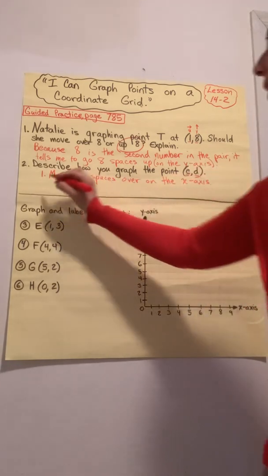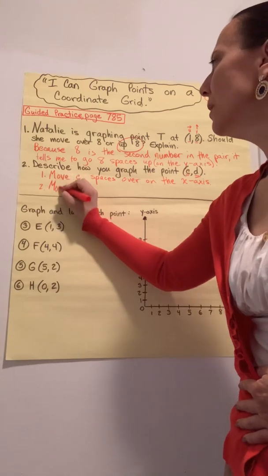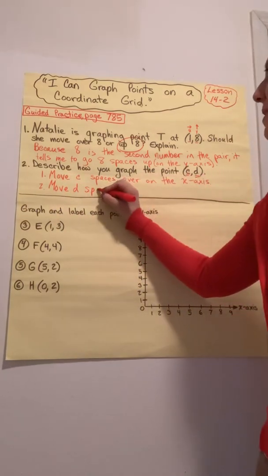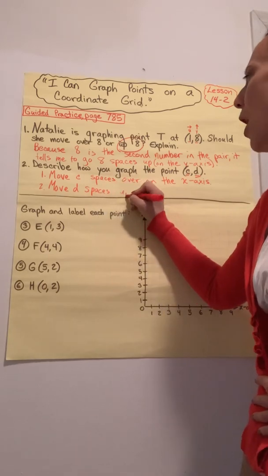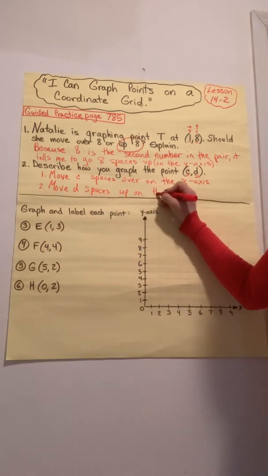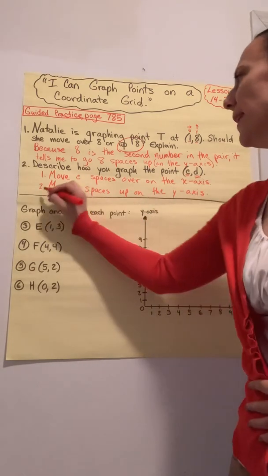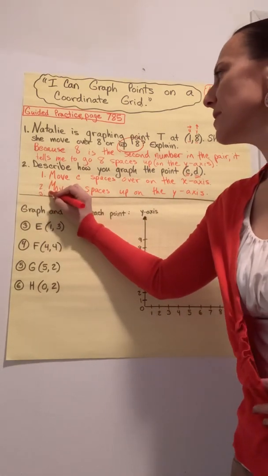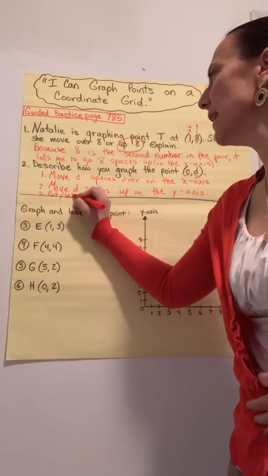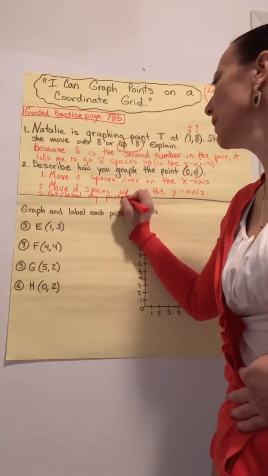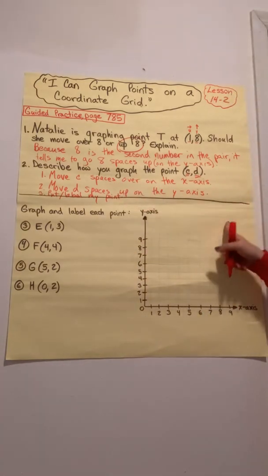And then secondly, I would move D, whatever that number is, spaces up on the y-axis. Then I just put and label my points. So I put my dot and I label it whatever they tell me to label.